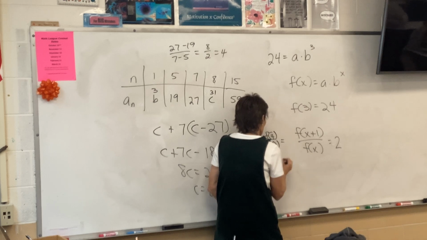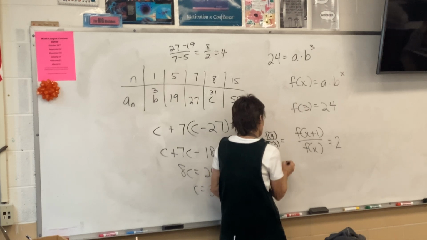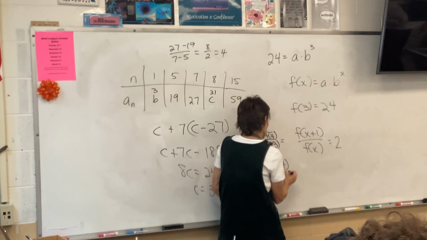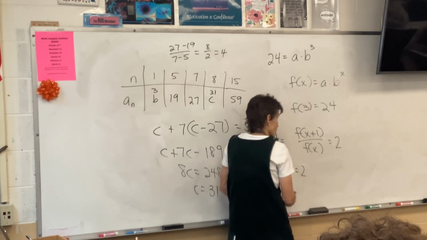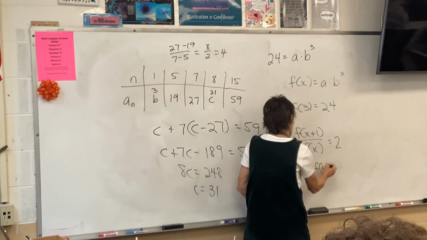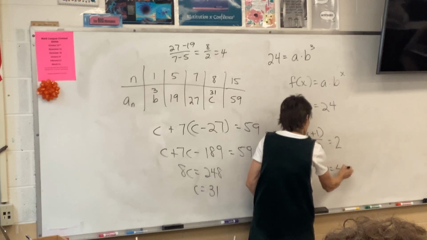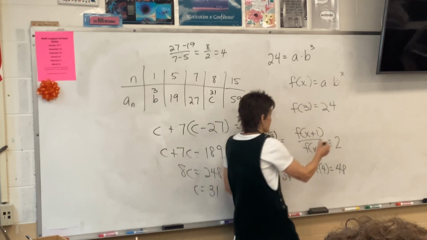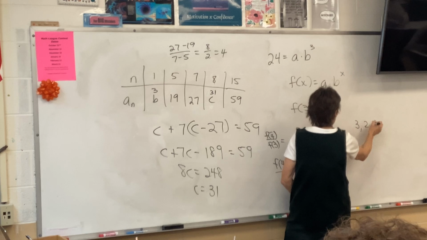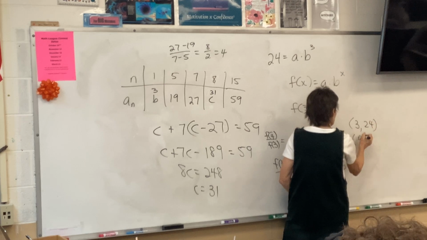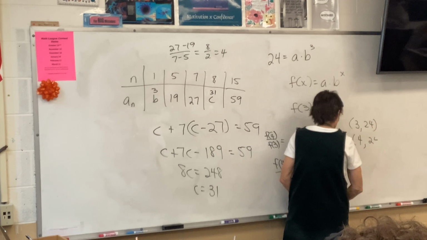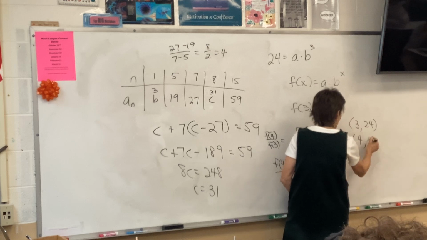So she said, I know f of 3, so f of 4 over 24 is 2. So f of 4 must be 48? Yeah. So she said, I know the third term was 24, and I just figured out the fourth term was 48.